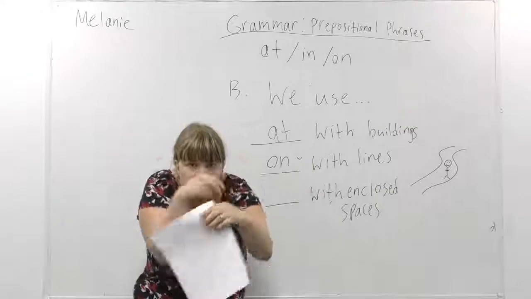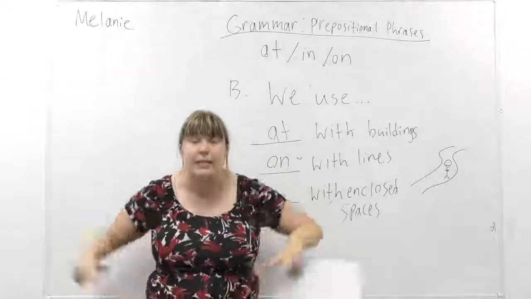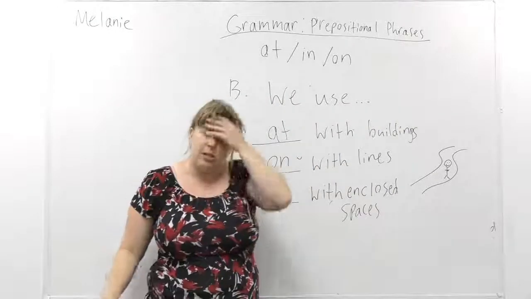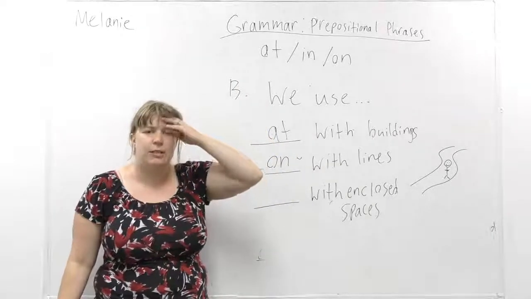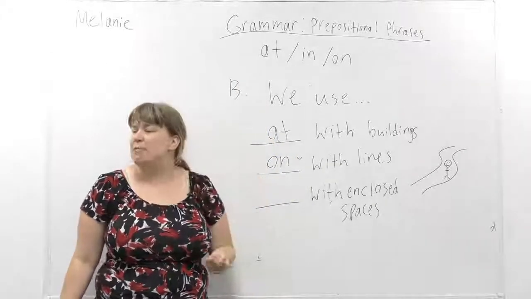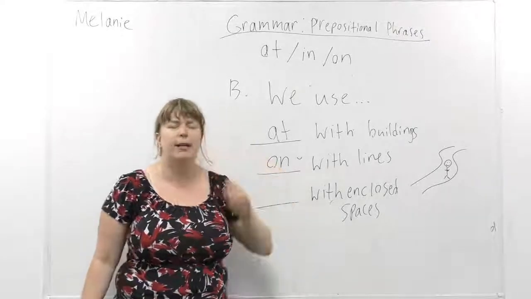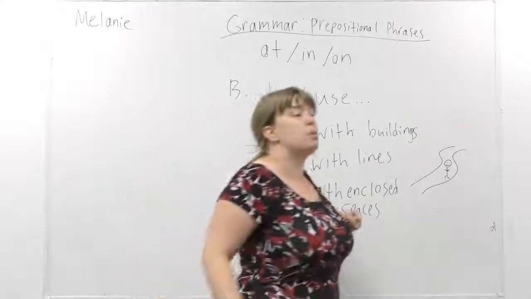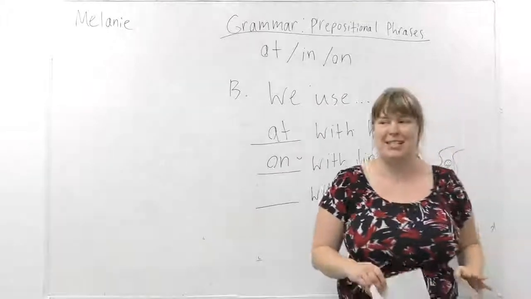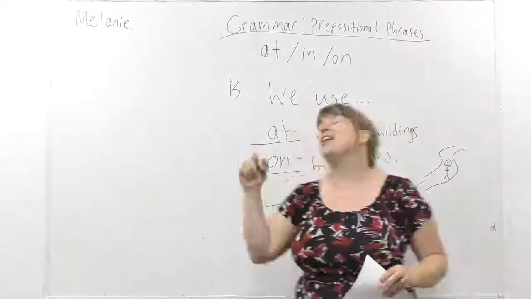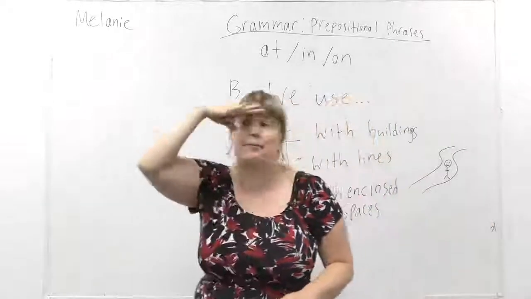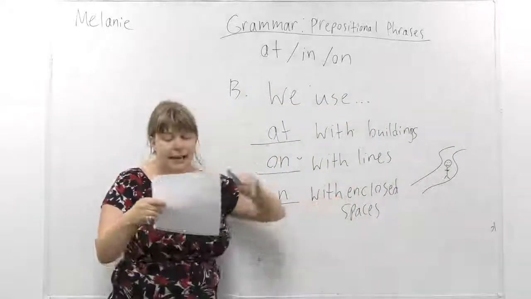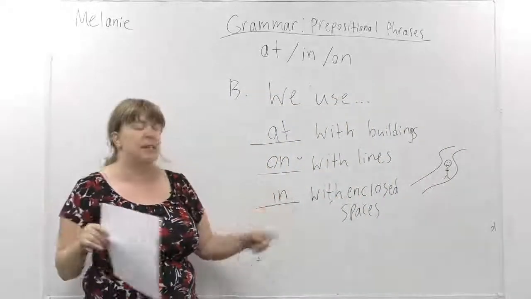Think of it as, you know, you're like enclosed in something. So for example, I couldn't find my friend. So we were supposed to meet at the Starbucks. I couldn't find my friend, so I went the Starbucks. In, very good. I went in the Starbucks to look for my friend. So inside a building or in a room.